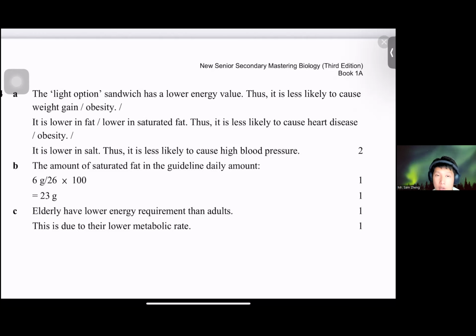Apart from that, the light option has a lower energy value, so the people who eat the light option sandwich can get weight loss. Then, the salt amount is also less compared to the standard sandwich, so it is less likely to cause high blood pressure.